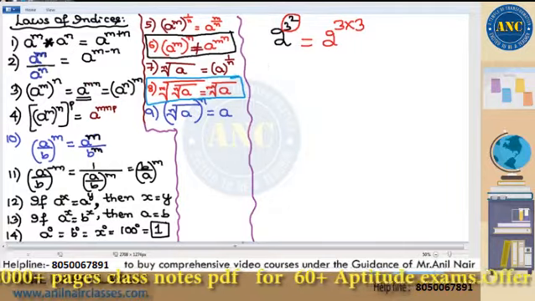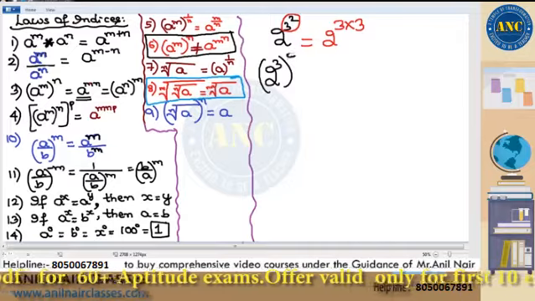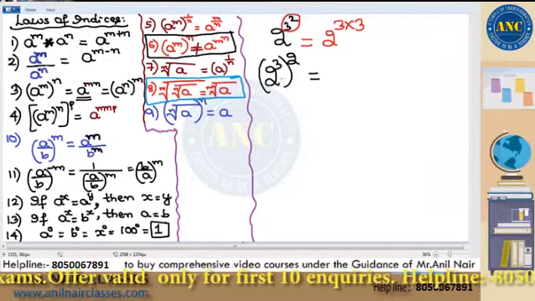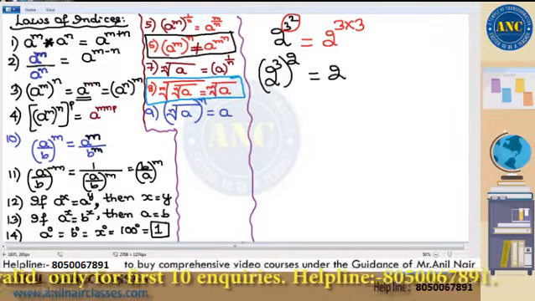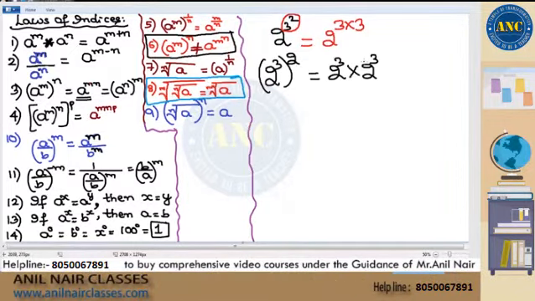Similarly, if I include it in a bracket, (2 power 3) whole square, the meaning is that 2 power 3 is multiplied twice. A power m into a power n is a power m plus n, the first notation we have used here.